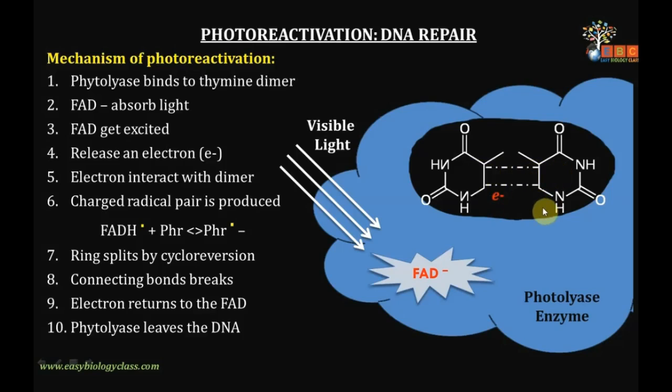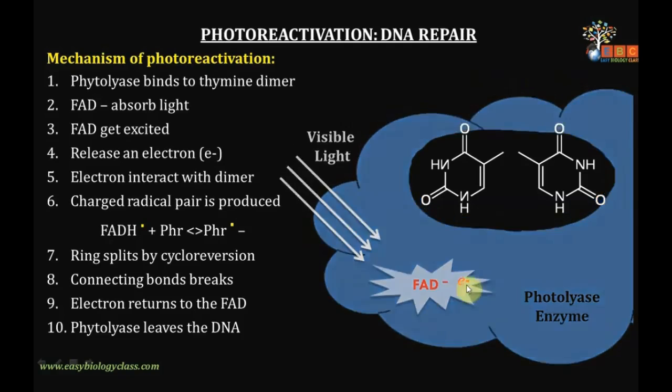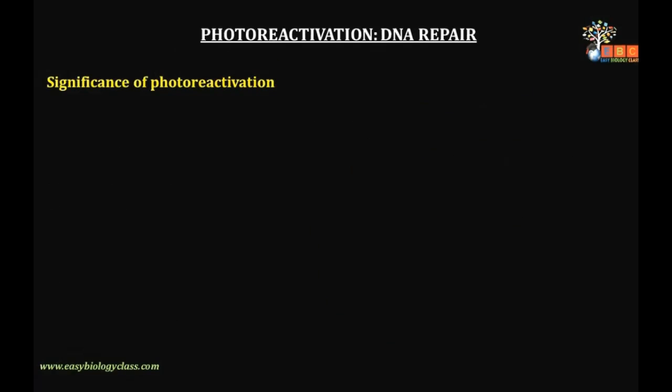The unstable radical pair suddenly splits, and thus the two covalent bonds connecting the thymines break. Once the connecting bonds break and the thymine residues are recovered, the electron is returned to the FADH-. Then the photolyase enzyme leaves the DNA and the normal conformational symmetry of DNA is regained. This is how photolyase enzyme removes the pyrimidine dimer from the DNA in a light-dependent fashion.